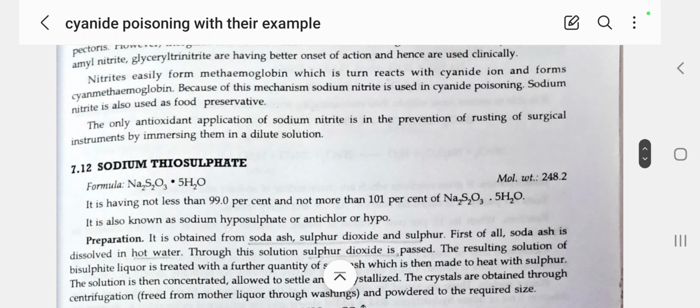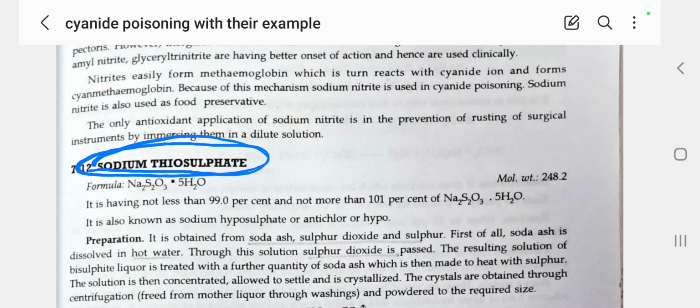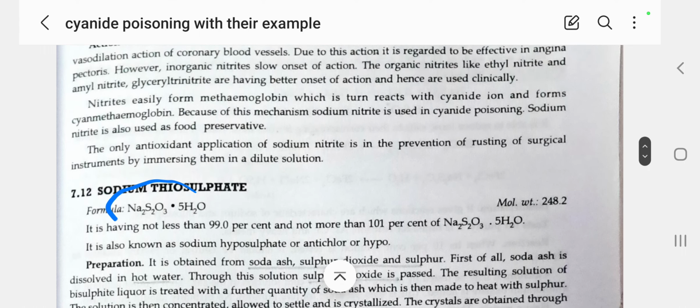Now let's see sodium thiosulphate. This is also used for the treatment of cyanide poisoning. What is the molecular formula for sodium thiosulphate? Na2S2O3, 5 molecules of water.